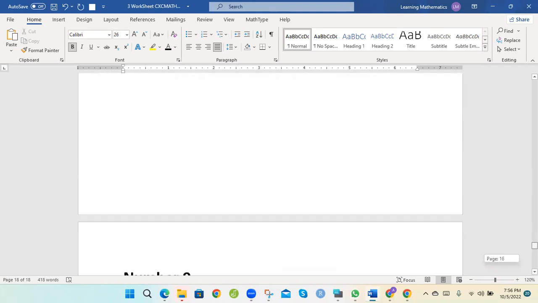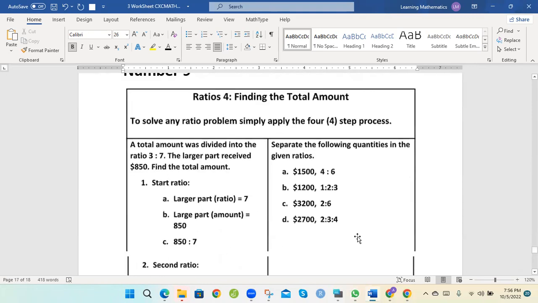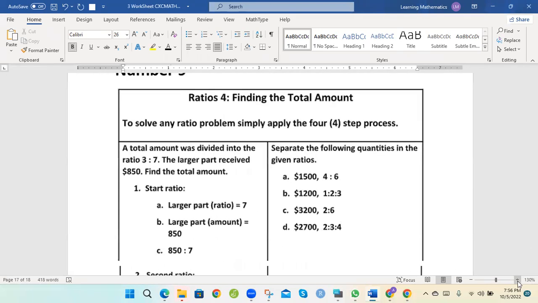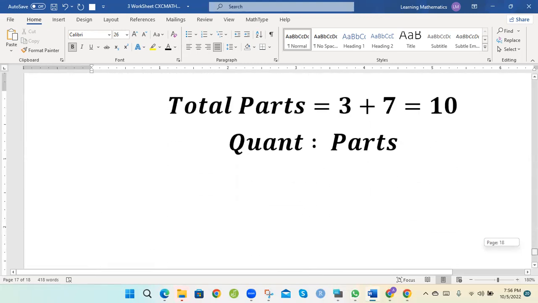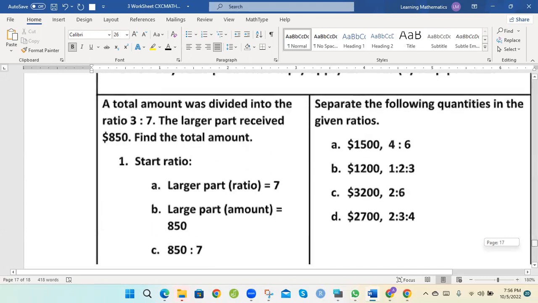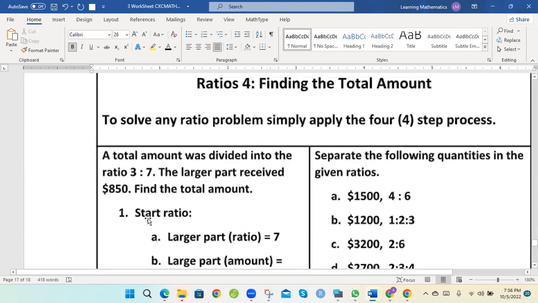Also, we have to utilize the numbers that are there. We cannot introduce any new number. We have a 3, a 7, and an 850. Some of the numbers are parts, and some of them are quantity. We're going to use our guide to make a ratio with 2 numbers. And as you correctly said, it's 850 and 7. Why? Because it said the larger part.